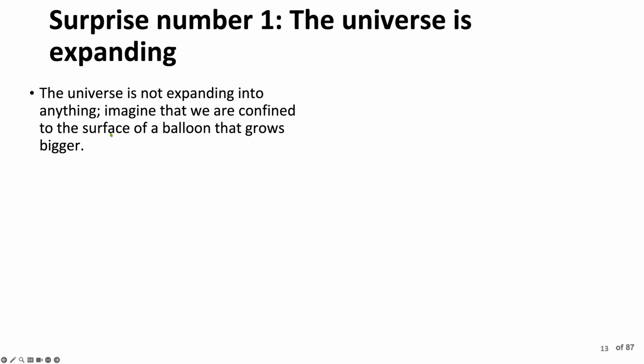And the easiest way to describe this, in fact, the way the professionals speak to each other when they're talking about this topic of expanding universe, is to imagine that we are on the surface of a balloon that is changing size.